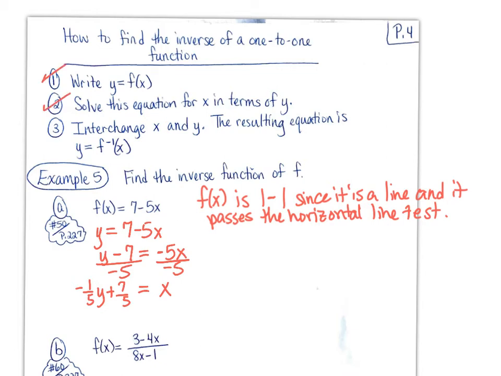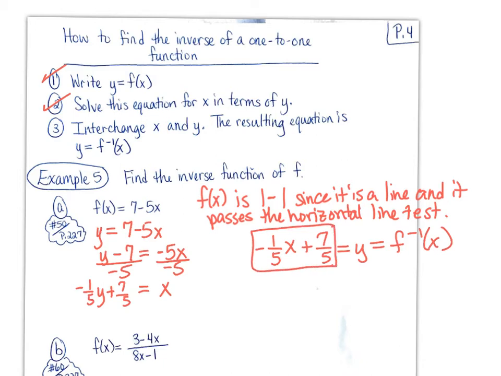Interchange y and x. So we have negative 1/5 x plus 7/5 is equal to y. And then the resulting equation is y equals f inverse of x. And this is your final answer. So negative 1/5 x plus 7/5 is the inverse of 7 minus 5x. That's the inverse function of 7 minus 5x.